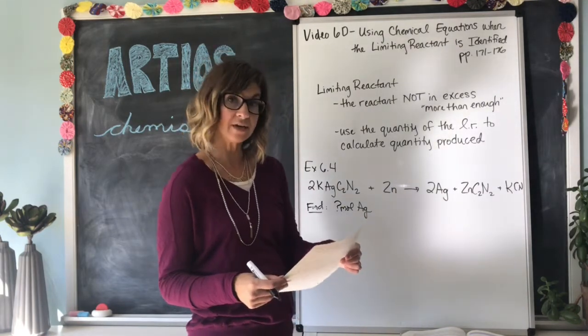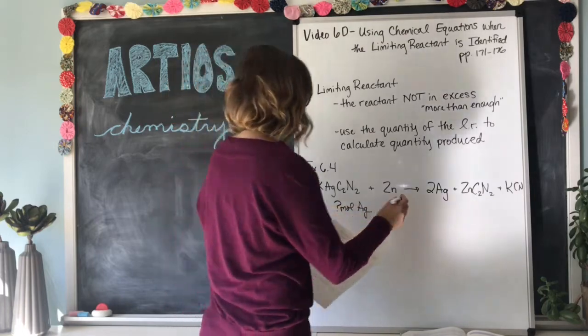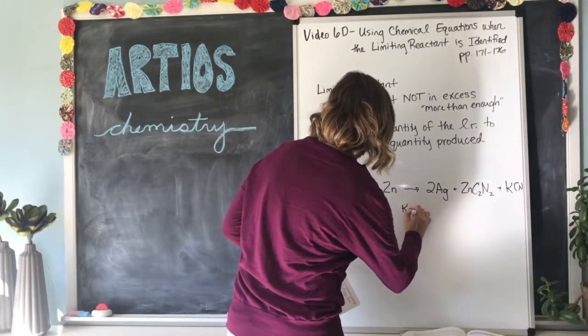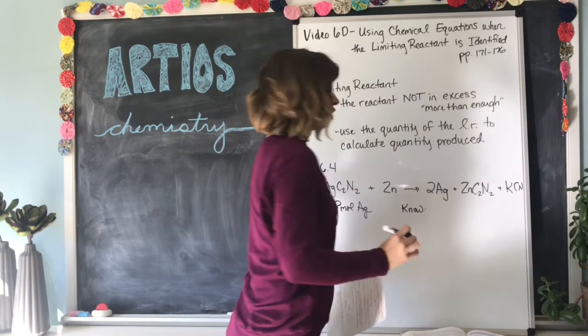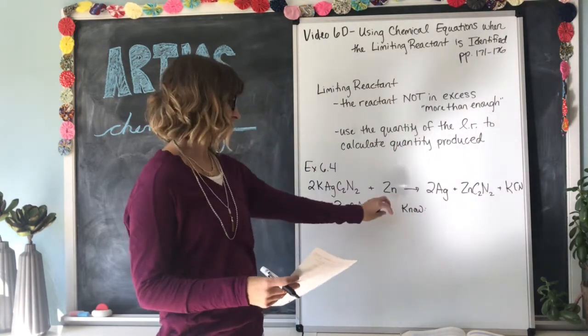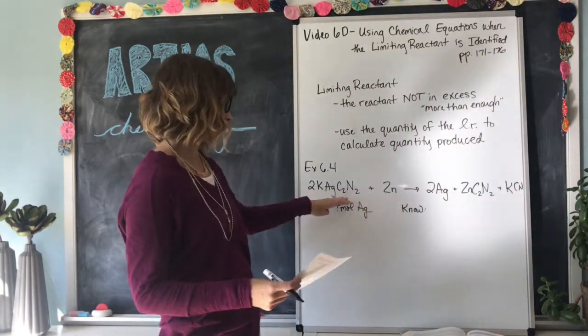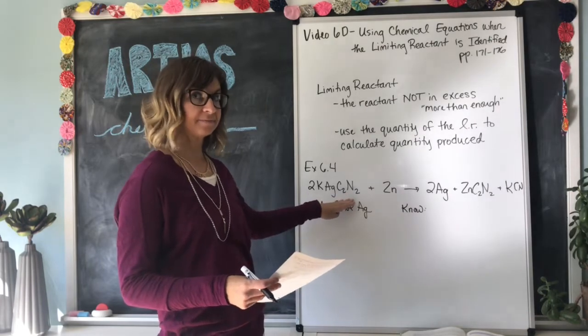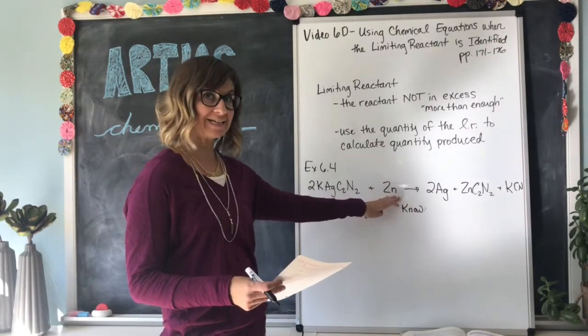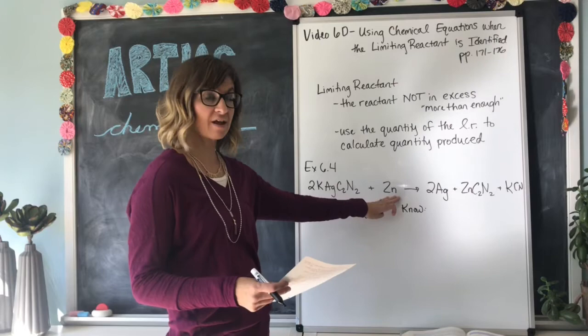And what we know is, what did it say was in excess? Did it say the zinc was in excess or the iron ore? That's right, it said the zinc is in excess, which means we have more than enough of zinc.